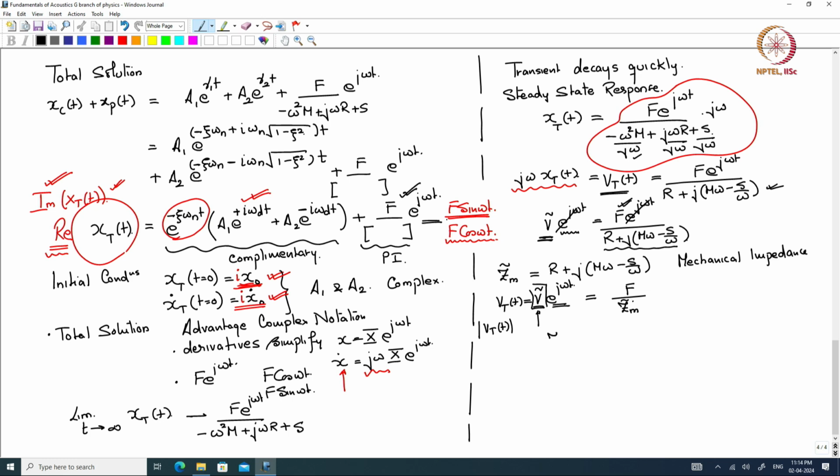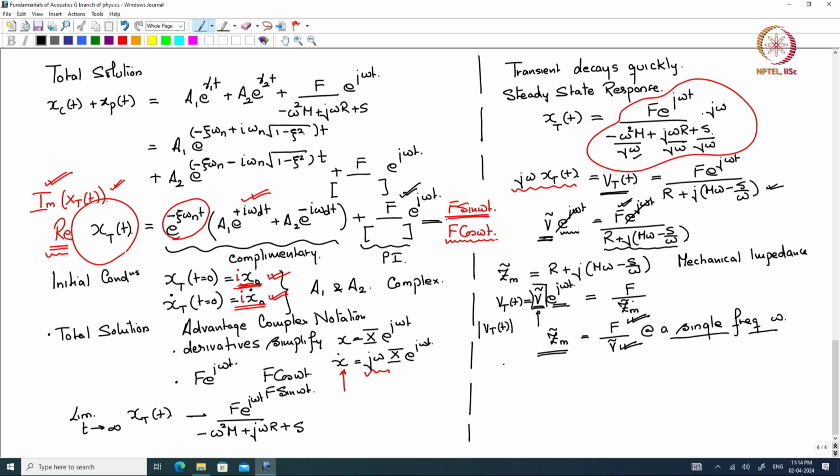Or this mechanical impedance is the force amplitude by the velocity amplitude at a single frequency, radian frequency omega. So, mechanical impedance is the ratio of the force amplitude to the velocity amplitude at a single frequency omega.